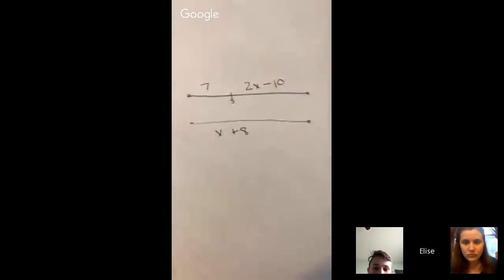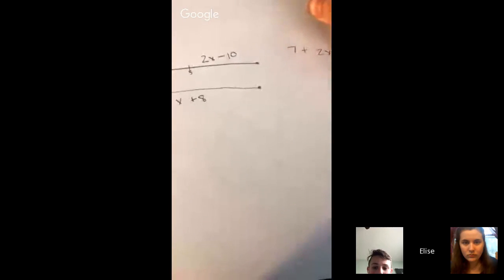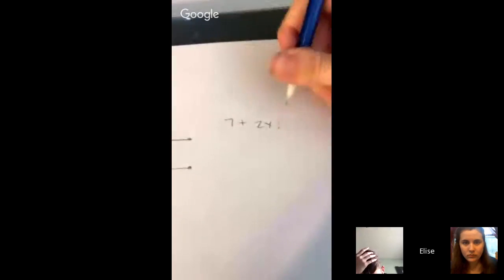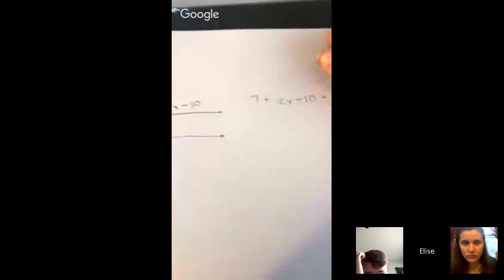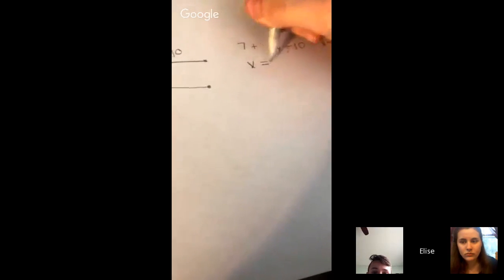So then the two segments are equal, so that means that 7 plus 2x minus 10 is equal to x plus 8 because that's the length of the other segment. And then when you simplify it so that it's like terms, you'll get x equals 11.